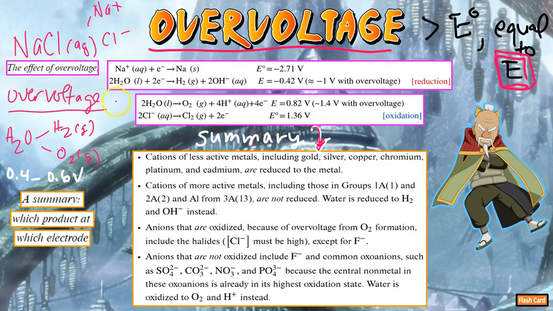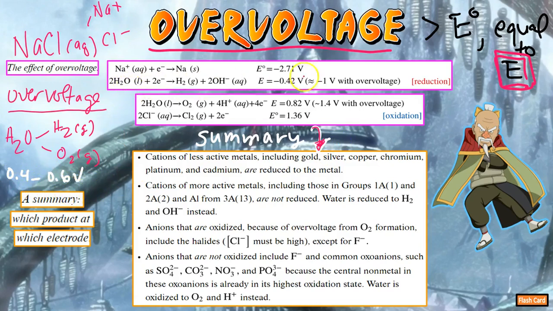Now, overvoltage needs to be taken into account when predicting the products of electrolysis for aqueous solutions. Why? Because we are dealing with water, and water is going to produce H2 gas or potentially O2 gas, depending if it's acting at the cathode or the anode. So overvoltage for water is 0.4 volts to 0.6 volts. It is a range.